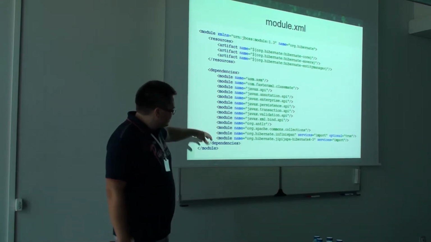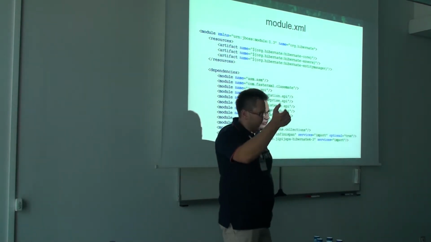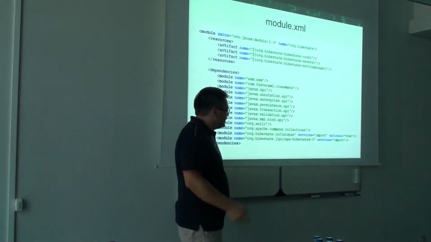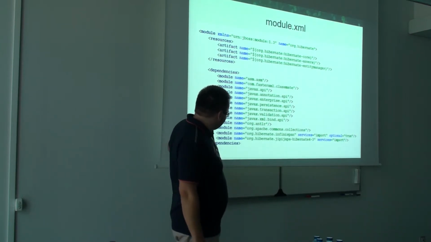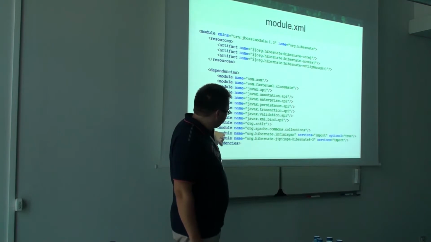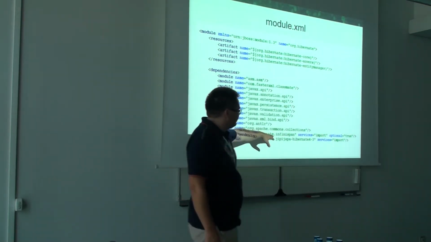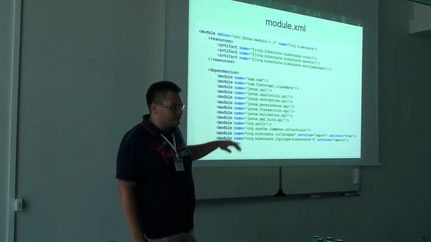And there are things like that. You can say, given this module, import services. These are the META-INF services, so the service loader can load the stuff. This one is also interesting: Hibernate itself has an optional dependency, you can see here, on the Infinispan module, org.hibernate.infinispan.